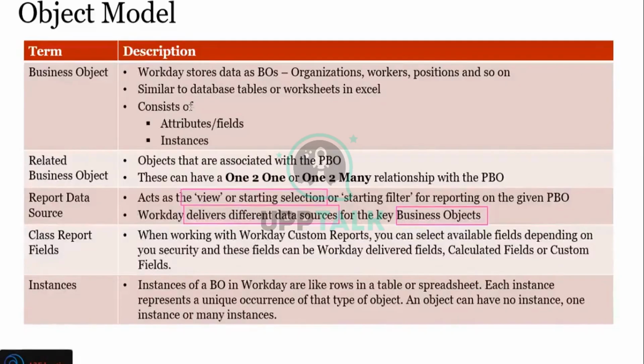Now, what is a business object? A business object is a collection of fields. In Workday, we call them CRF or class report fields. It is these fields we reference when we create our reports. We select a BO which defines what fields are available, and then, based on our requirement, we use these fields when we create our custom reports.